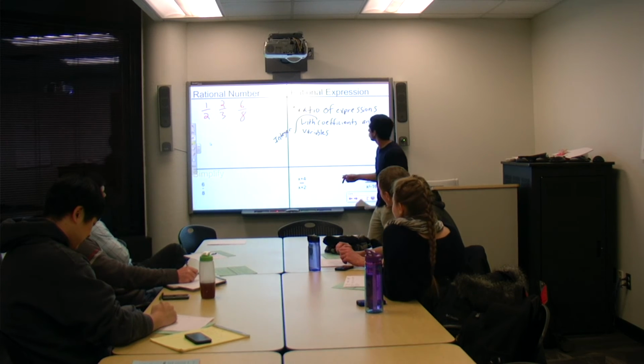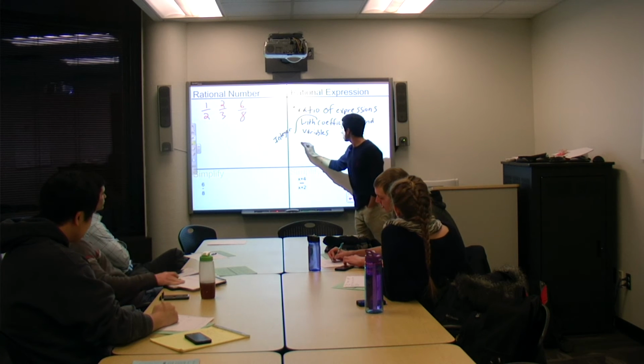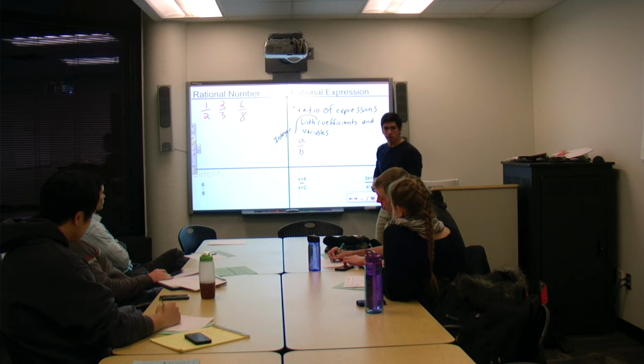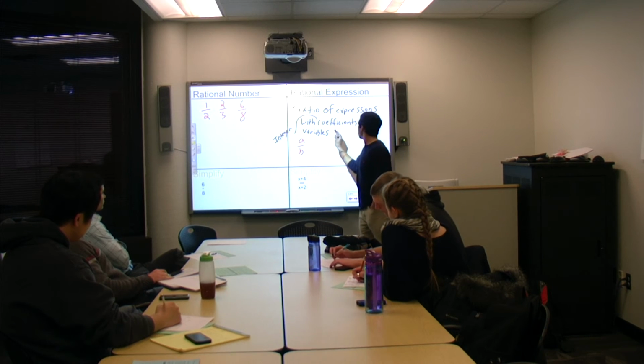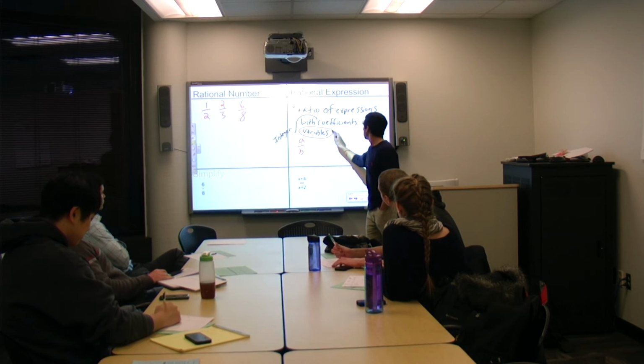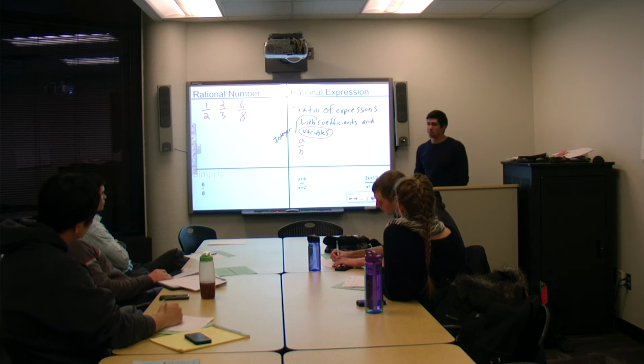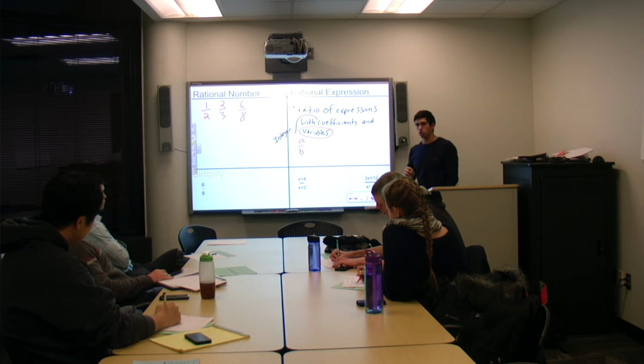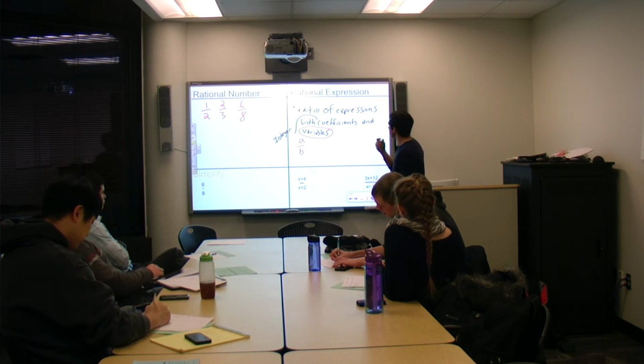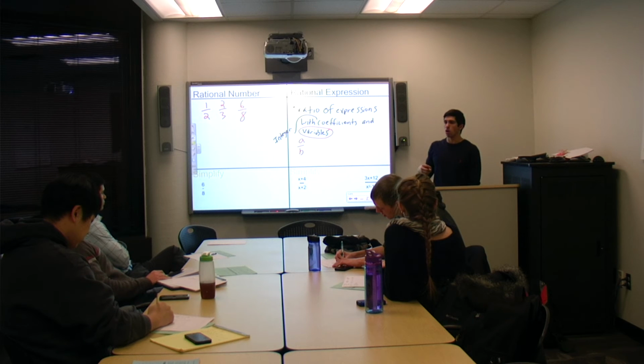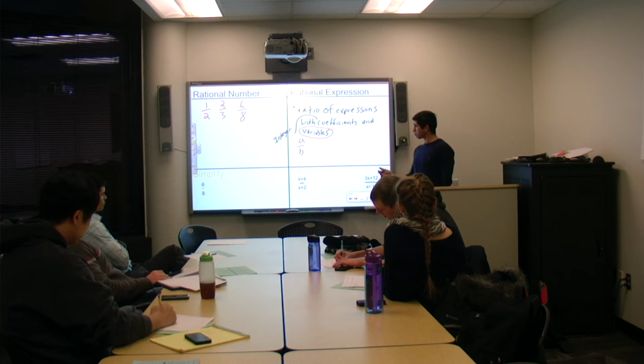Oh, okay. So the main thing that we're looking at here, so I'm going to write that a over b that you said right there, because that was good. The main thing that we're looking at here is variables. That's the thing that both of your groups came up with, and that's basically what rational expressions are. They are a fraction or a ratio of variables, and we call these polynomials.